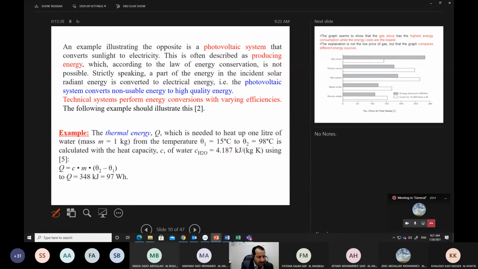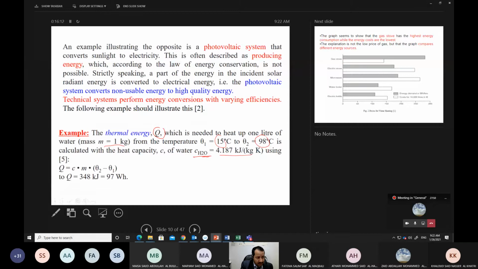Let's have a look at this example. It says: find the thermal energy Q which is needed to heat up a liter of water. I have 1 kilogram of water, and I want to heat it from 15 Celsius to 98. Any material has a heat capacity, which is constant, and the heat capacity for water is given to you as this value.